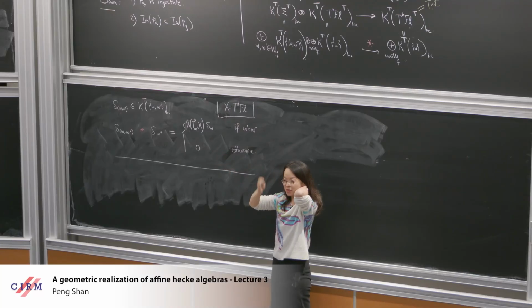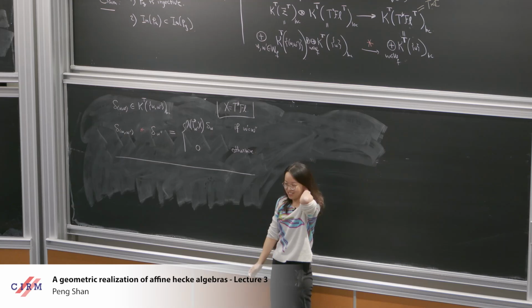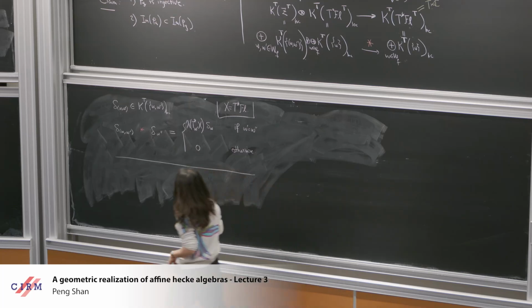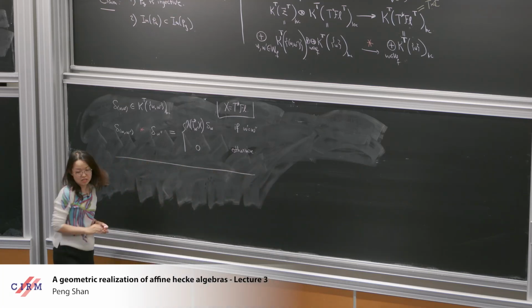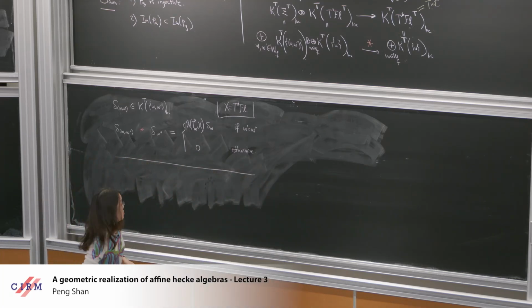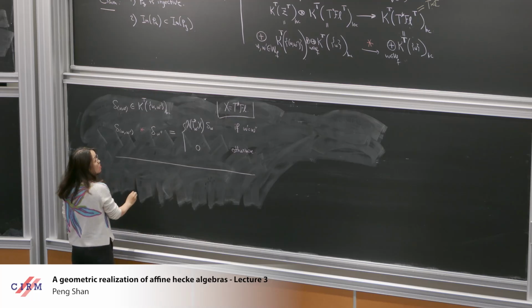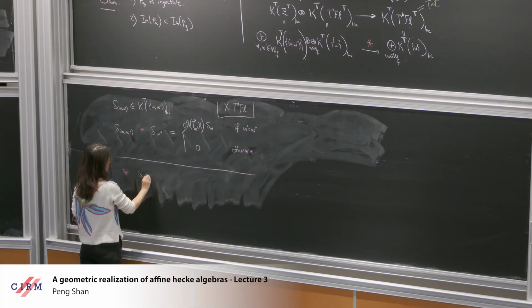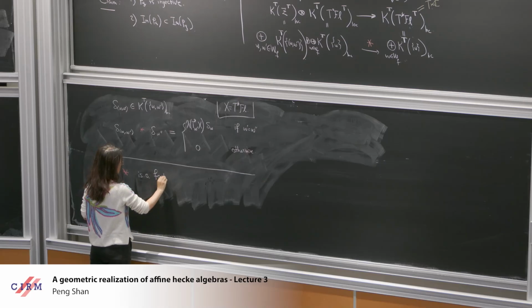So the vector space representation of a matrix algebra is faithful, just for a tautological reason, and therefore from here we see that this star is a faithful action.